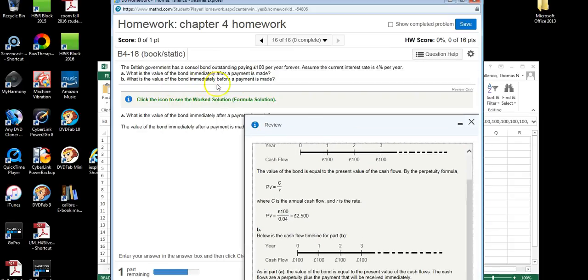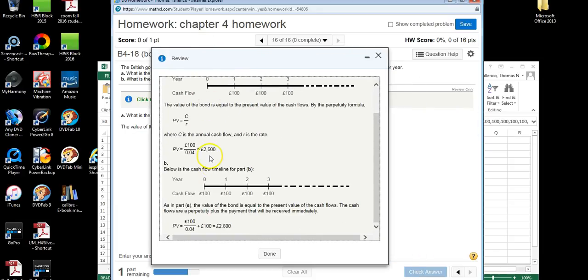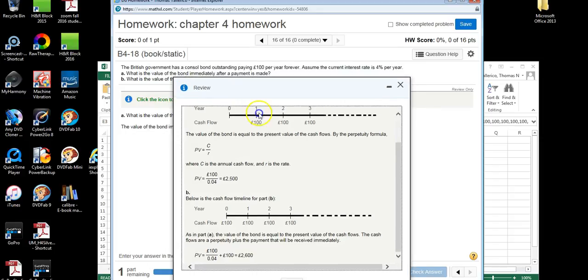So the value of the bond immediately before a payment is made is done right here by adding $100 to the amount, and that'll be $2,600. Here's before the payment is made, right there.